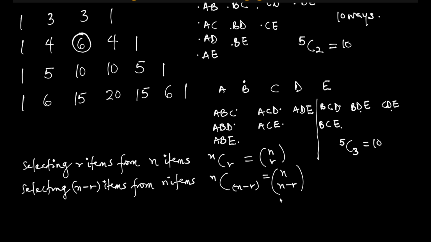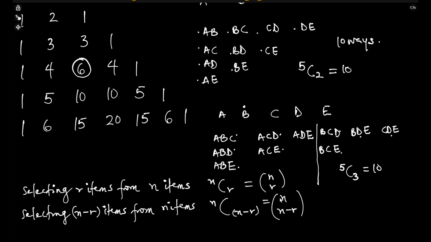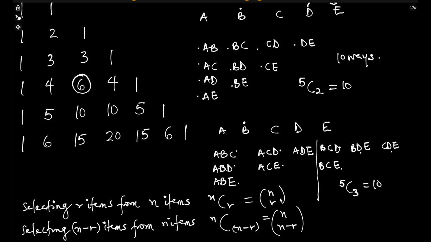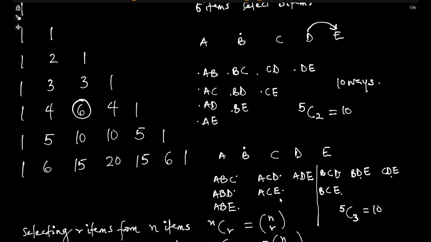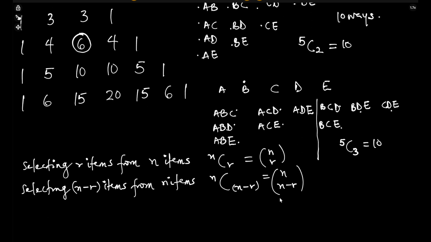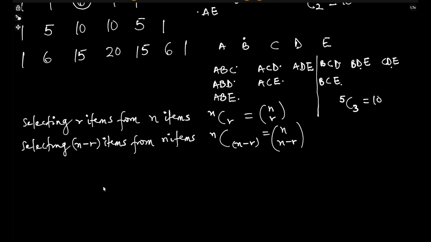Now, by calculation, let's say you have a combination problem you are trying to solve, and you don't want to go through this process of drawing thousands of arcs and all of that. You can use the combination formula. That is, n combination r can be written as n factorial divided by n minus r factorial times r factorial.